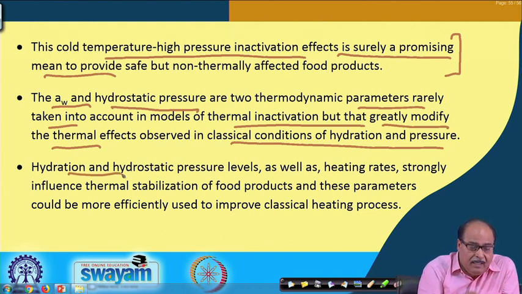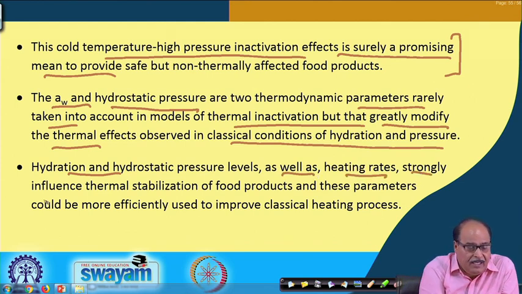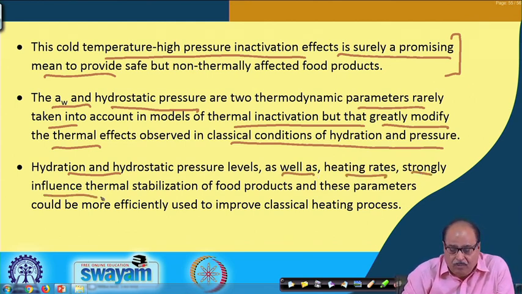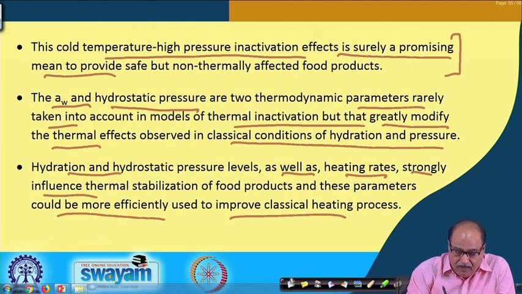So, hydration and hydrostatic pressure levels, as well as heating rates, strongly influence thermal stabilization of food products, and these parameters could be more efficiently used to improve classical heating processes.